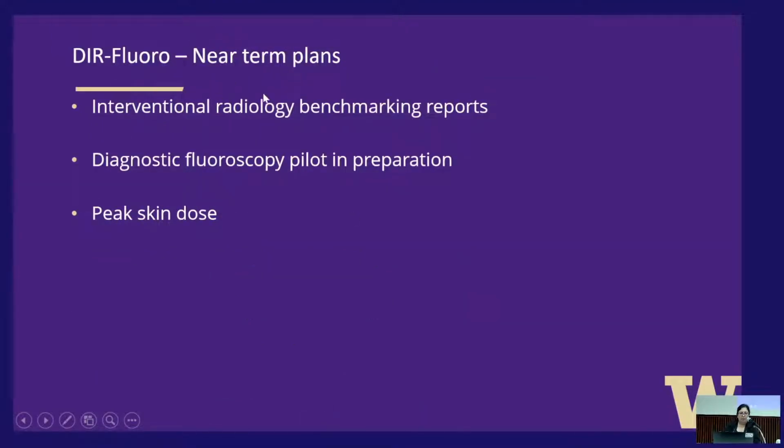So near-term plans for DIR fluoro: just like CT, interventional radiology benchmarking reports will be produced. It'll be nice to see, for a particular interventional fluoroscopy procedure at University of Washington, what my air kerma rate typically is, and then compare it to, say, Sam's.